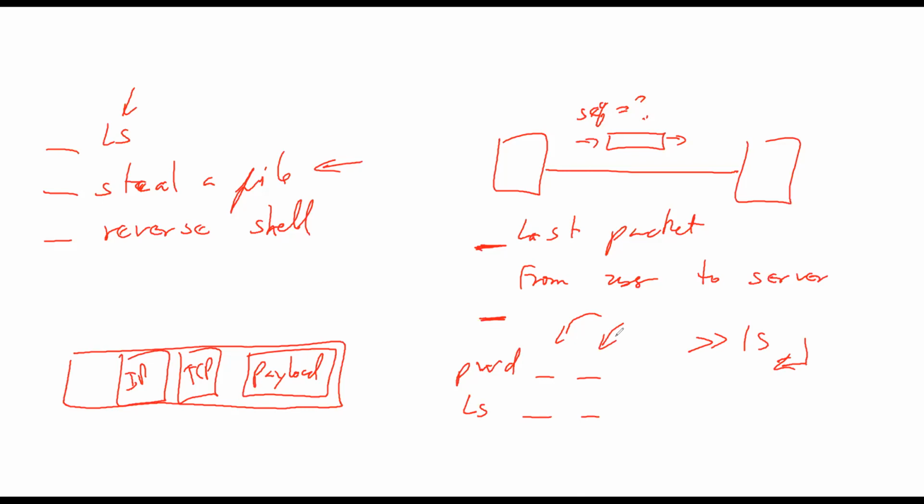All right, so the payload of the TCP packet is actually the actual command that you would run on the server. One of the things that you have to do for this example is create a secret file.